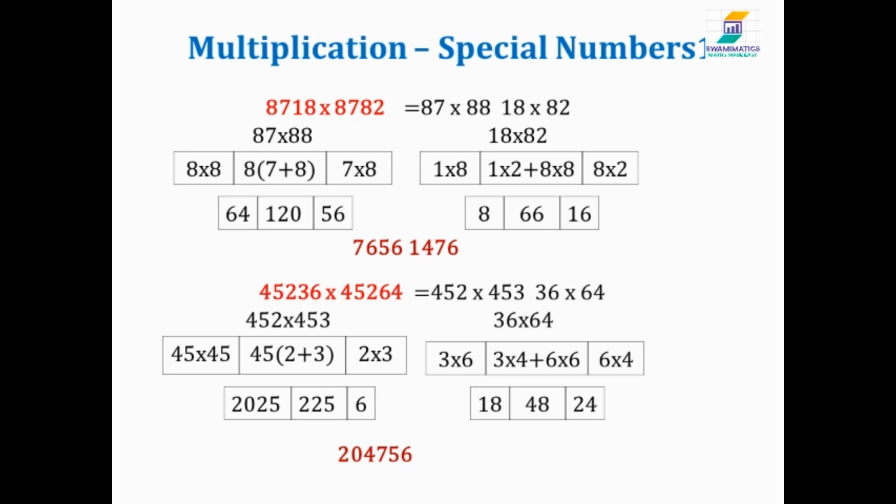Then the next one is the sum of the other cross multiplication, 48 and 24, which results in 2304. Right? Okay. So product of two 5-digit numbers, it's a 10-digit answer. Right? See how easy it is if you know this kind of a method.